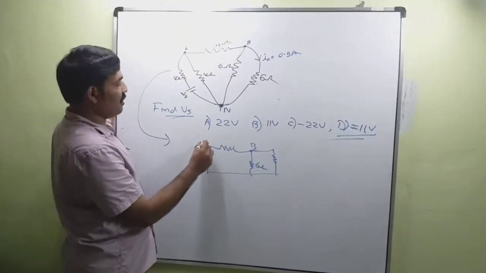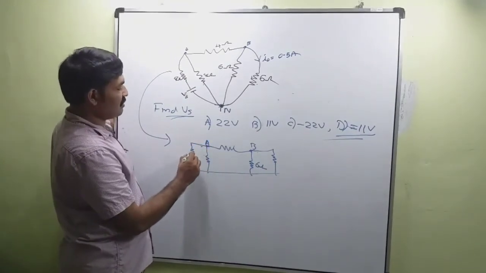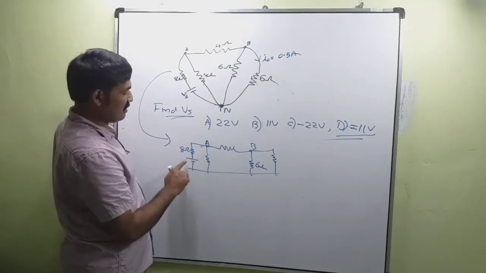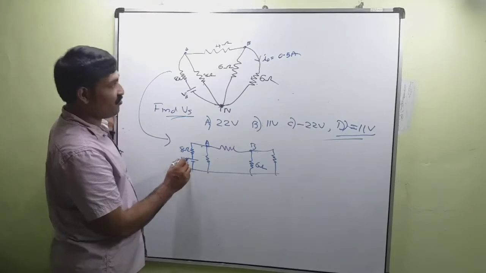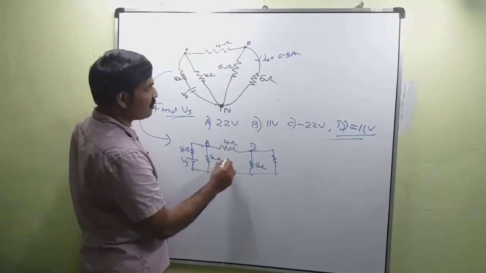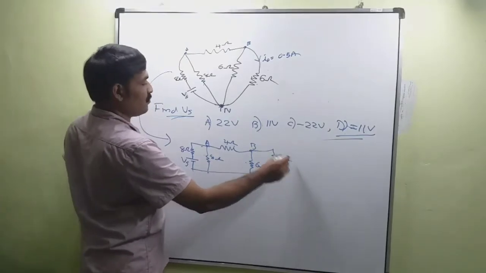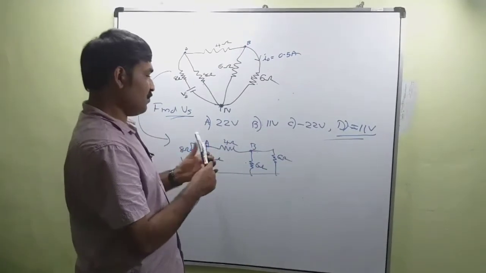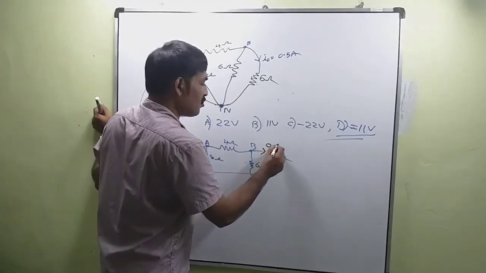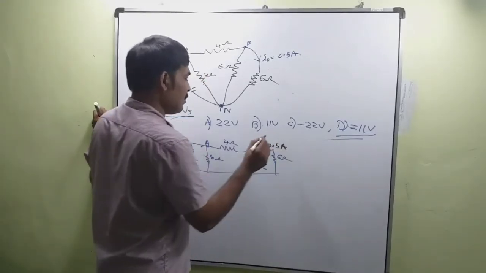Here at node A, we have a resistance of 8 ohm and a battery source of Vs. Now we want to determine the value of Vs. The values are 4 ohm, 8 ohm, 6 ohm and 6 ohm. And the given condition is the current flowing through this resistance is equal to 0.5 ampere.